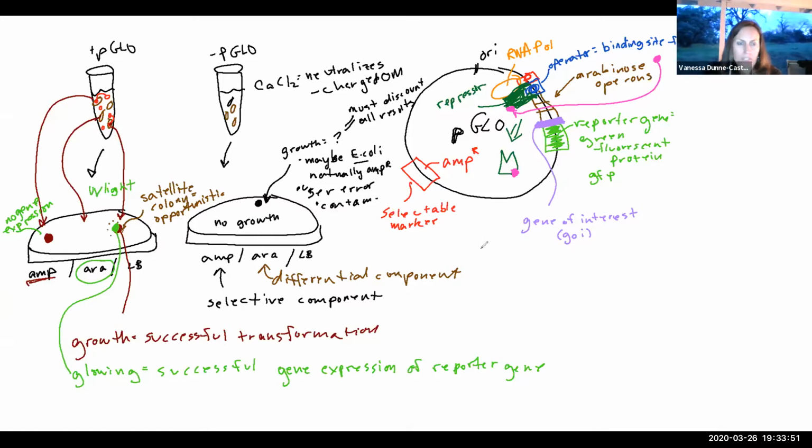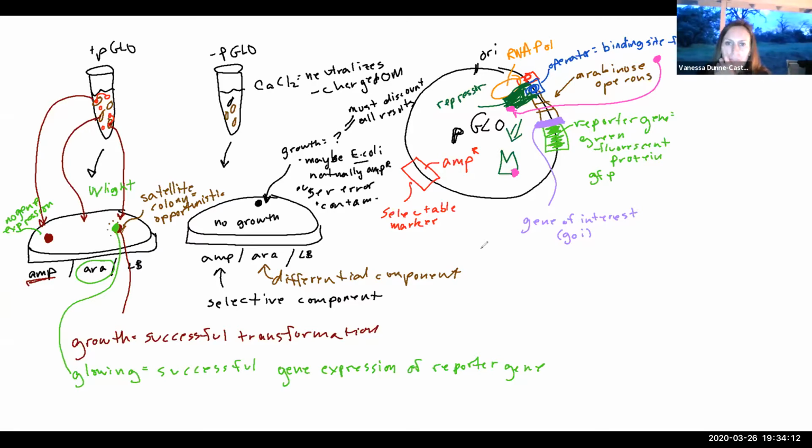Okay, do we have questions on this stuff here? Jeff says, is this the info from the YouTube video? Yes. No, this is the same information. I just wrote it down a little bit differently so you can see essentially the procedure of this genetic engineering exercise next to what the plasmid looks like.